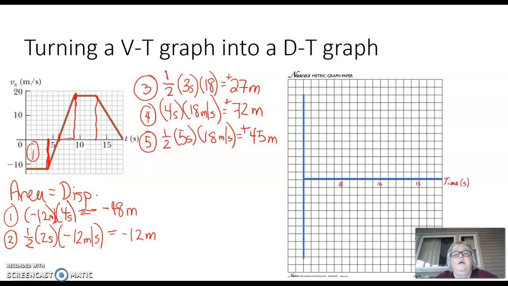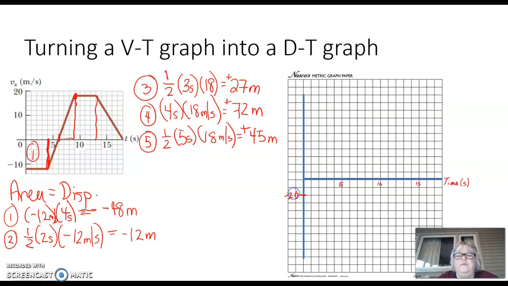Okay. So now I want to put in values on my axis. So I can see that I am going to have a large displacement here. So I want to go by a large value. So I'm going to make each line be 10.